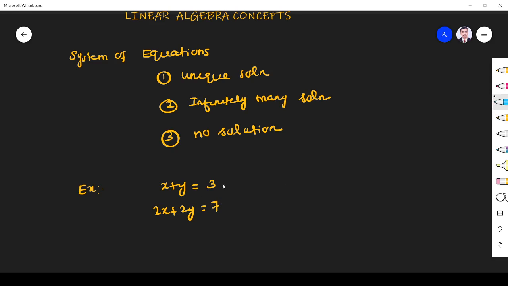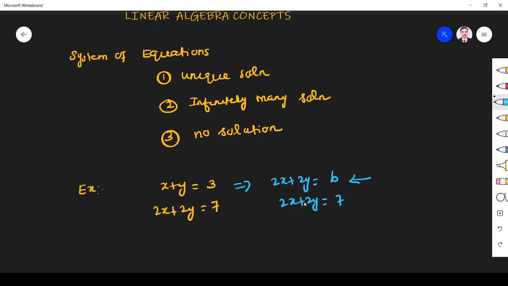If you multiply equation 1 by 2, what will happen? 2x plus 2y is equal to 6, so 2 times equation 1. But our equation 2 states that 2x plus 2y is equal to 7.